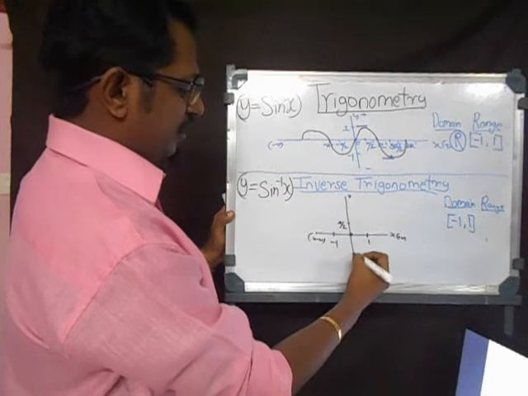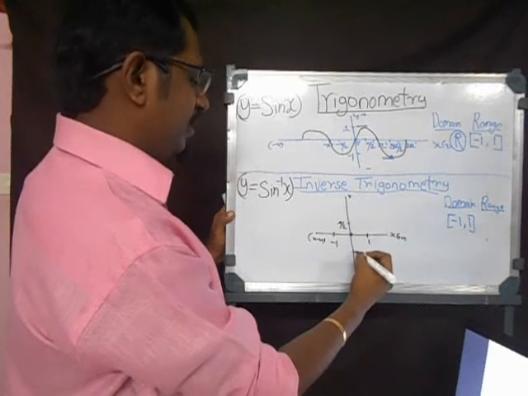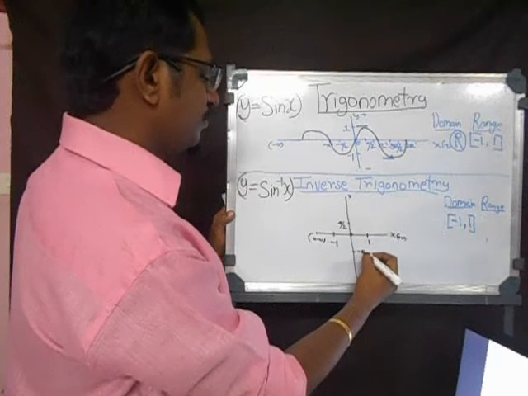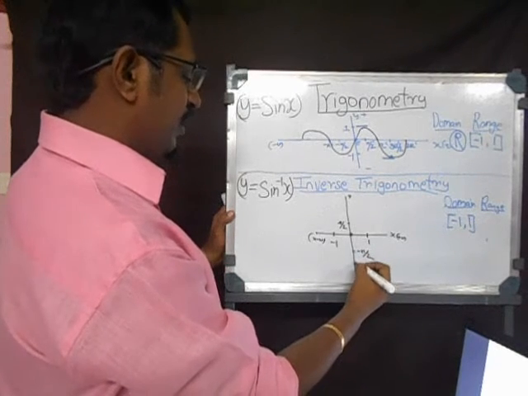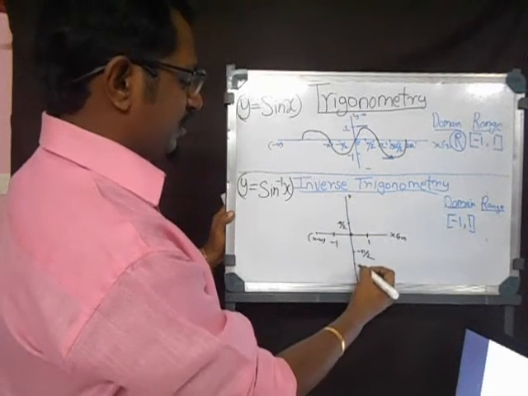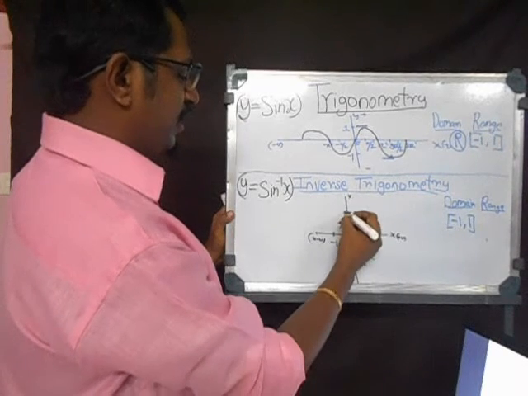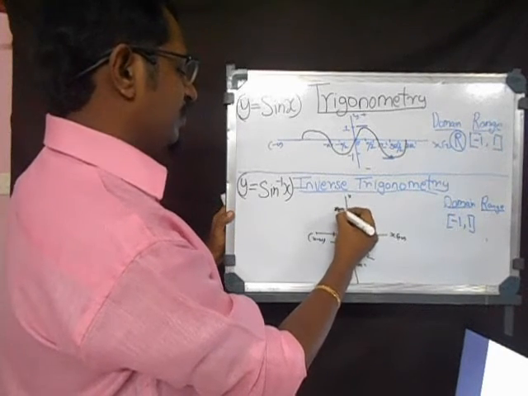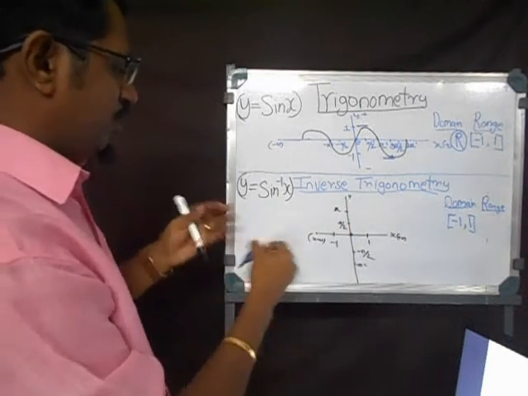When it is minus, you come down and it is minus pi by 2. You can follow similarly for minus pi and pi radians. You can continue. So let's draw the graph.